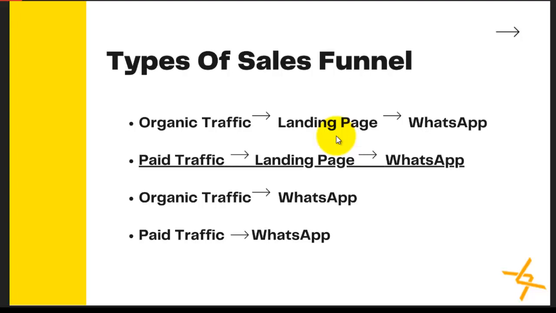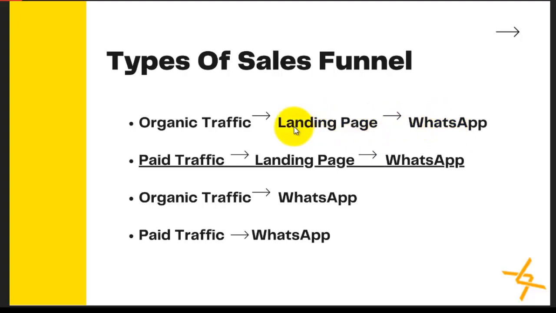By the time the landing page is designed in such a way that it's attractive, it is converting, and it grabs the attention of the visitors, so you're able to get the traffic, people clicking to this page to know more about your product and how to order. If you have different categories of the product, they get to know it there, and then the next thing is your WhatsApp.